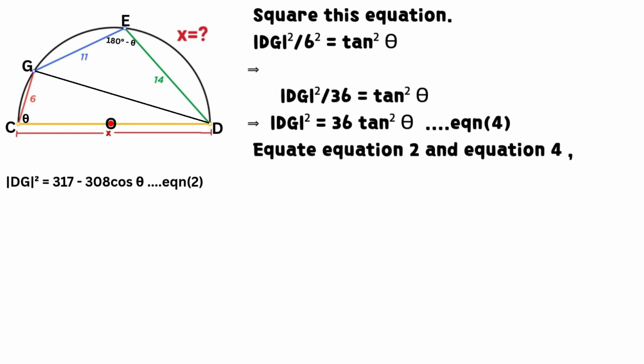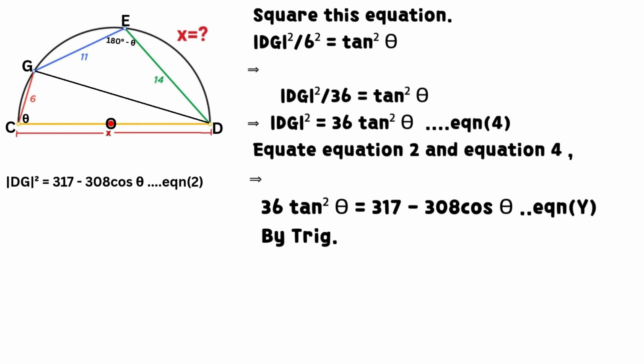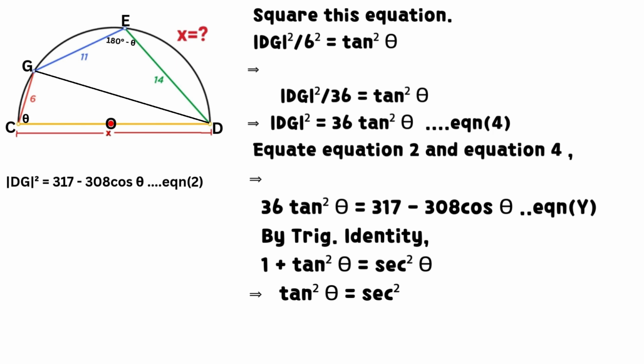Equate equation 2 and equation 4. This implies that 36 times tan square theta equals 317 minus 308 times cosine theta.